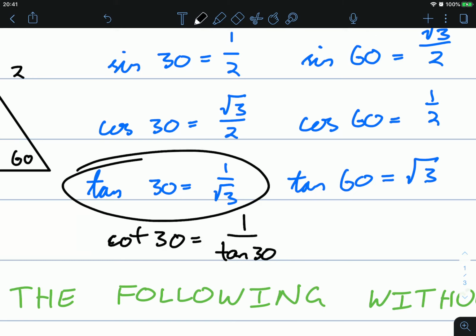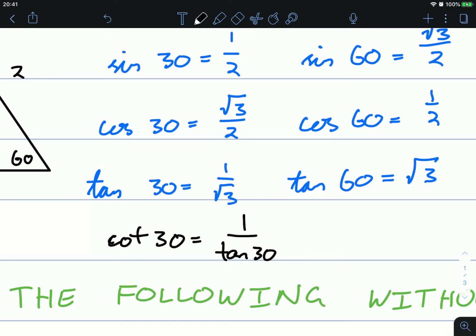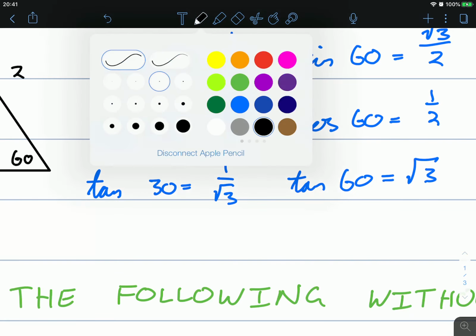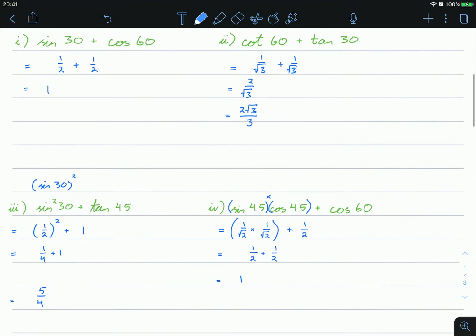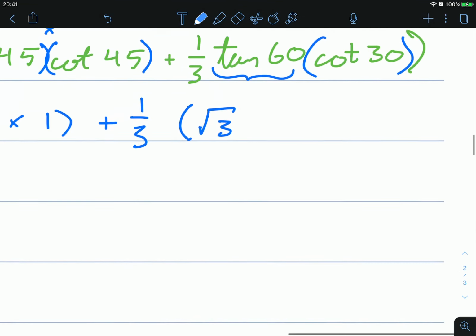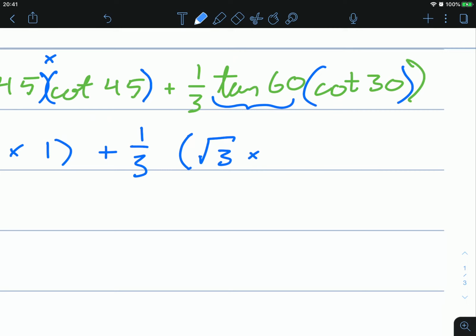So we need this value here. Okay, so it's going to be 1 on root 3. So let's copy that one down. It's going to be times 1 on root 3.